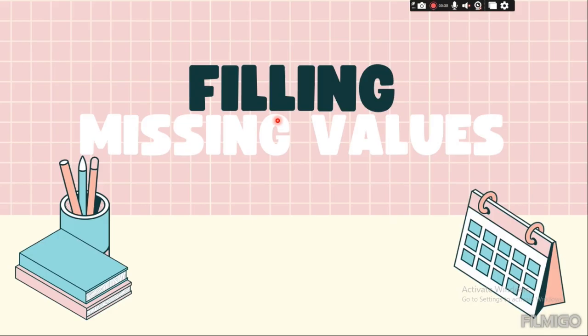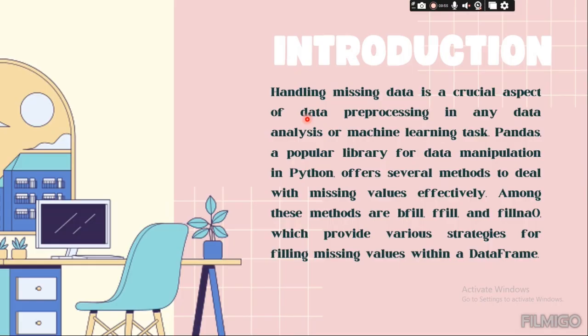Until now we have seen how to determine whether an element is a nan, null or not. Now we are going to learn how to fill the nan values, that is, replacing nan values with some other values. For that we are going to use three methods, namely bfill, ffill and fillNa.